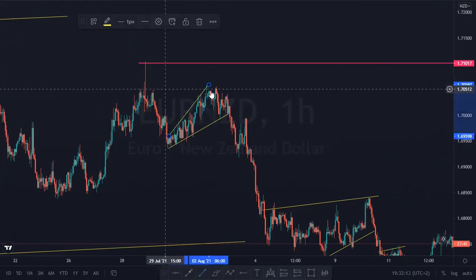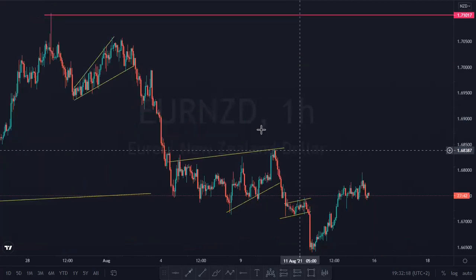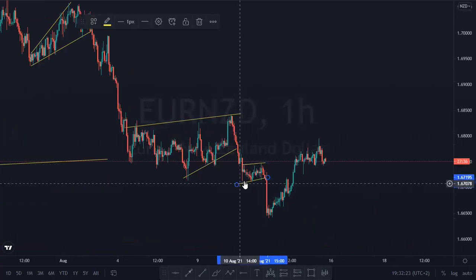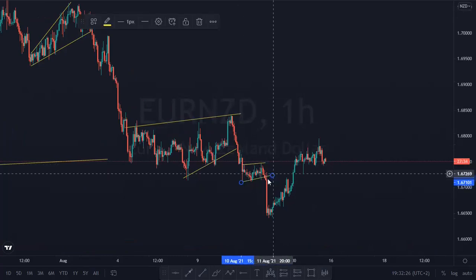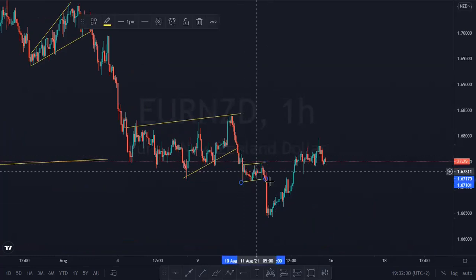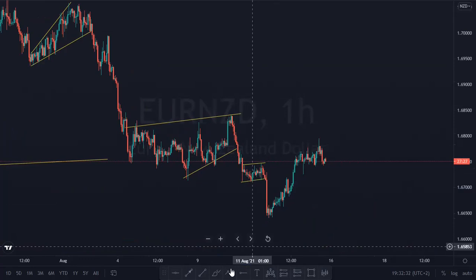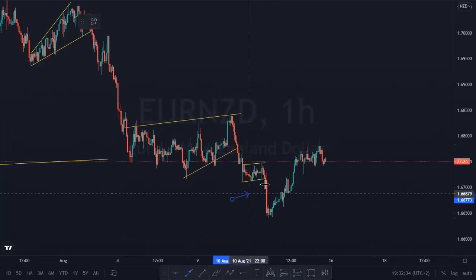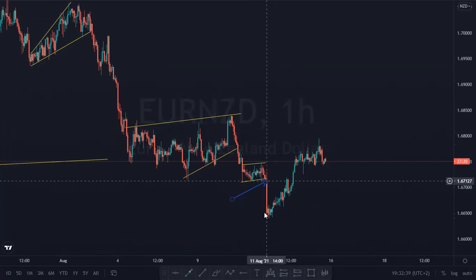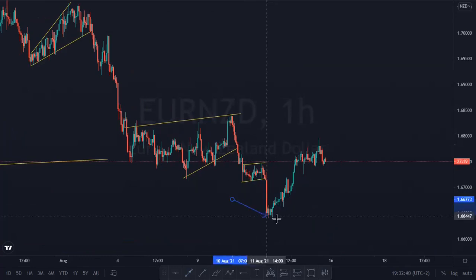At the same time, there's a double bottom and a double top here. Guys, it's very easy to spot this. Look here. After the correction, impulse, correction, and it breaks. So where do you enter? You enter just here, and you come out here.